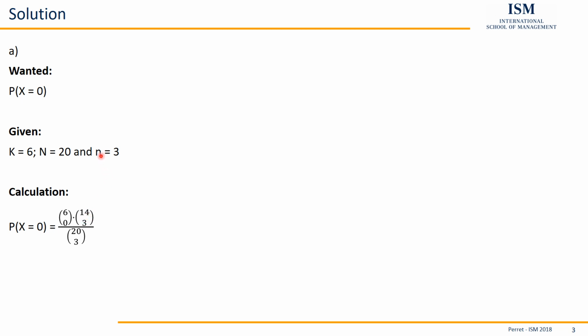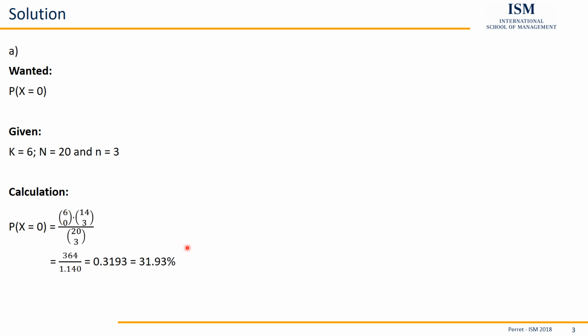That's small n minus small k, which is how many of the students in the sample should not study PM. So all of them should not study PM, because 0 should study PM. All of this is divided by 20 over 3. 20 is the total number of students, over the size of the sample, so large N over small n. Well, that's already 1.